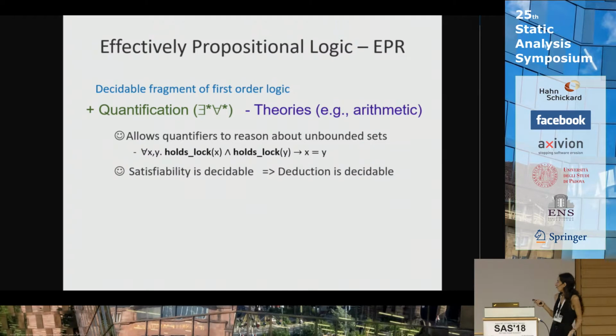And the reason why we choose EPR is that this is a decidable fragment of first-order logic, which means that checking satisfiability is decidable, and also checking unsatisfiability is decidable. So it means that discharging the verification conditions is decidable. And decidability is a theoretical concept. So you can say, well, decidability just says that it will terminate eventually, but this eventually can be too long.